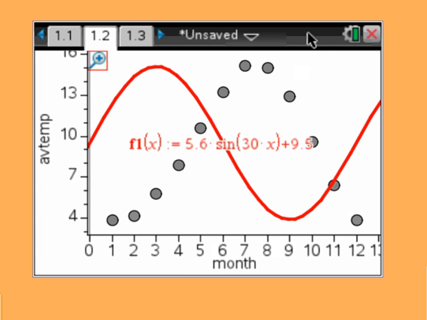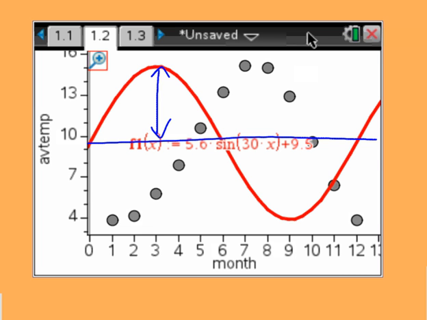So here we have the values we've found for A, B and D. And a quick visual check seems to show the amplitude looks reasonable, the principal axis looks reasonable at 9.5, and the period looks reasonable as well.